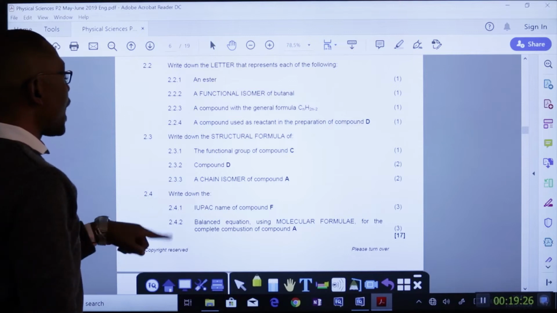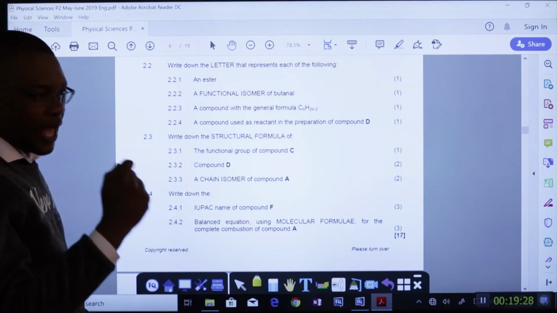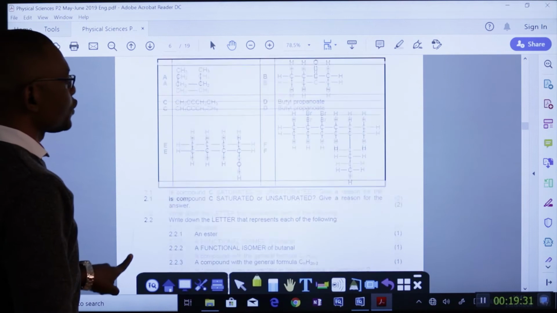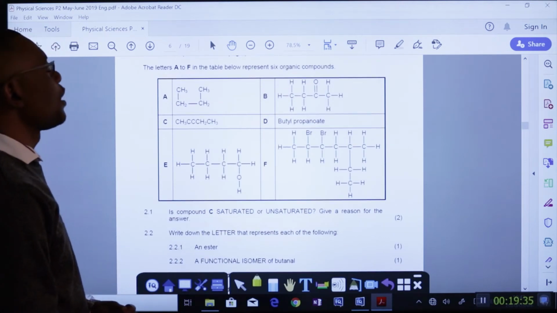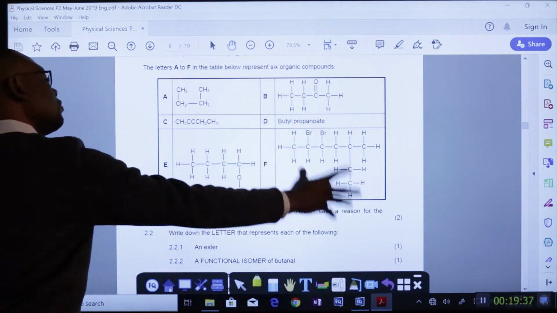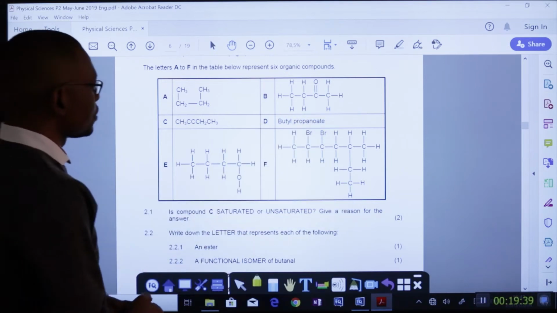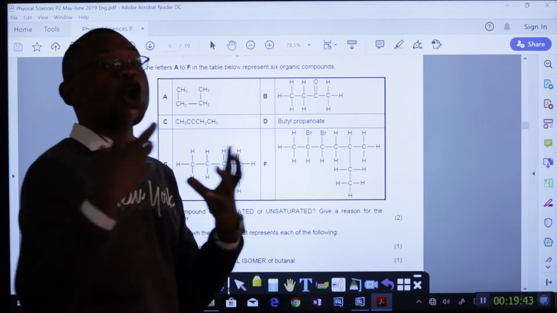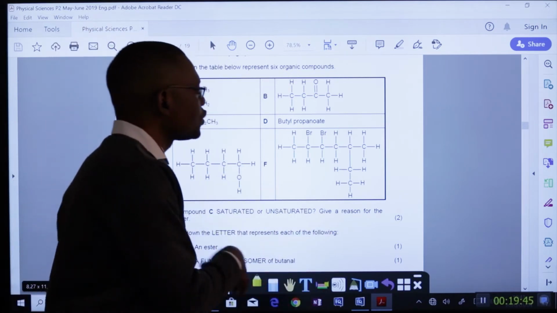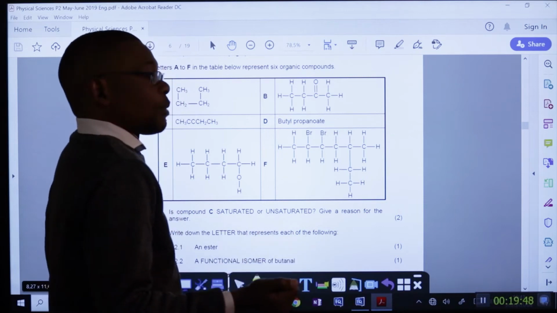Now write down the IUPAC name of compound F. So we know that for us to write names of compounds, we need to study the molecule in detail. So what we are going to pick up here is that we need to first identify the longest chain. So the longest chain here, there are 2 ways about it.